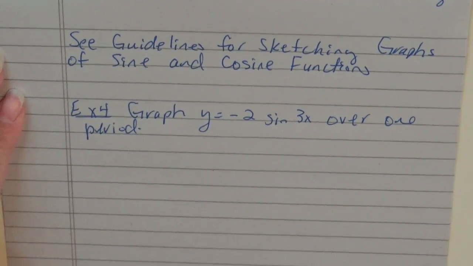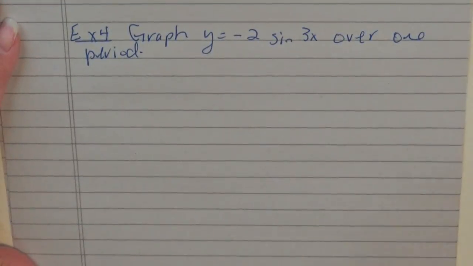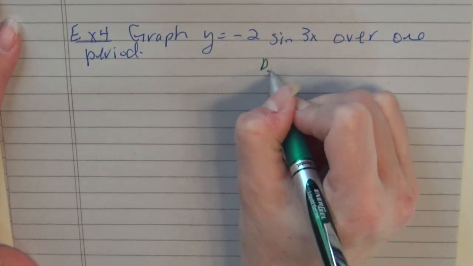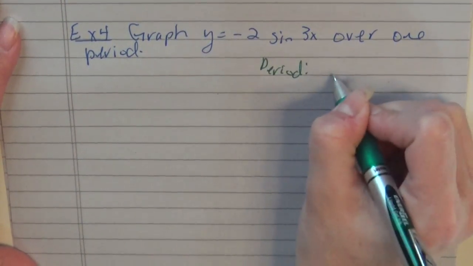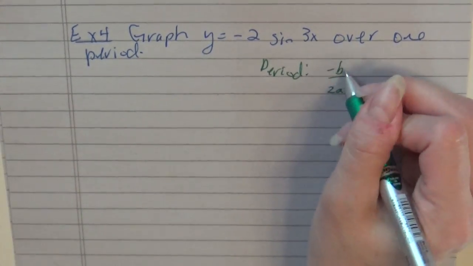Alright, so in example 4, we're going to graph y equals negative 2 times sine of 3x over 1 period. So the first thing we need to do is determine our period. I'm sorry, that's not right.